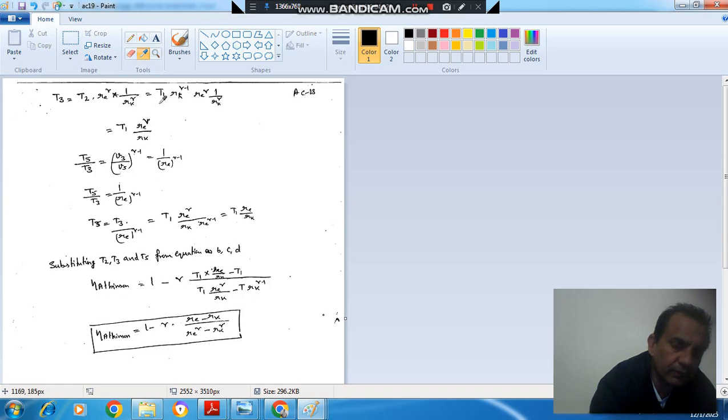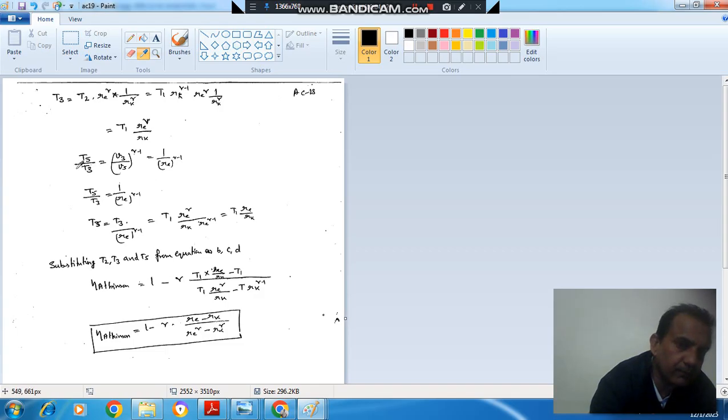Because we also have T2 in terms of T1, that is T1 rk raised to power gamma minus 1, we can write T2 here. So T3 will be T1 rk raised to power gamma minus 1 into re raised to gamma divided by rk raised to gamma, or it will be T1 re raised to power gamma divided by rk.